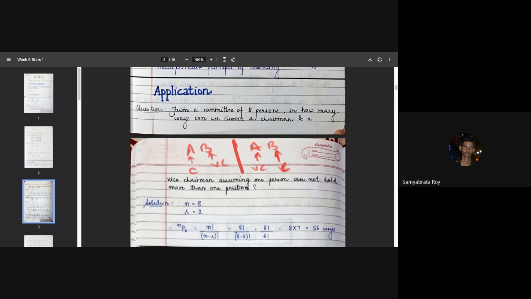These two are considered different choices, not identical. That's why here ordering matters, so we should be going with permutation. Now we have to choose two people from eight of them, so we are trying to get 8P2, which will lead me to 56 ways. Okay, clear?